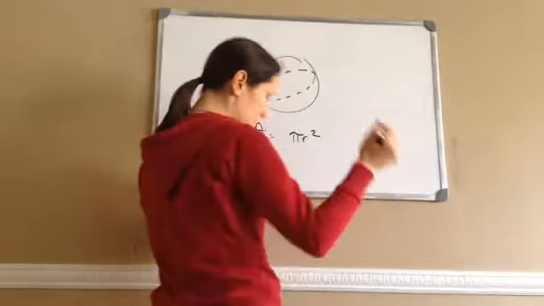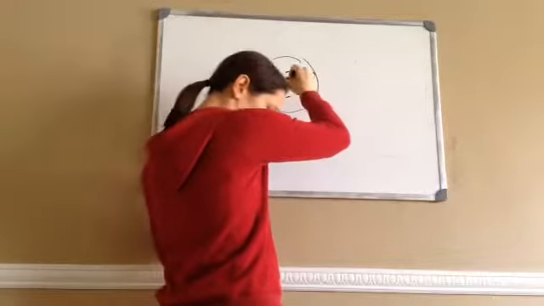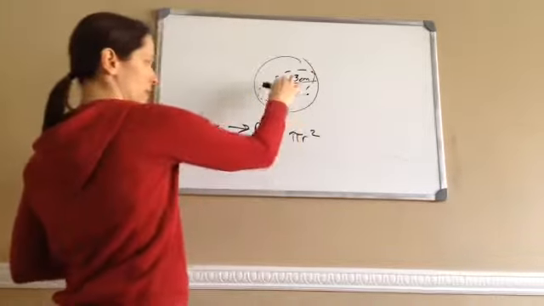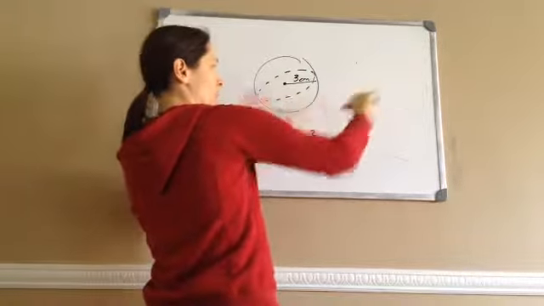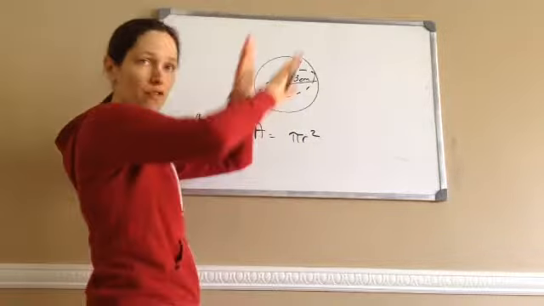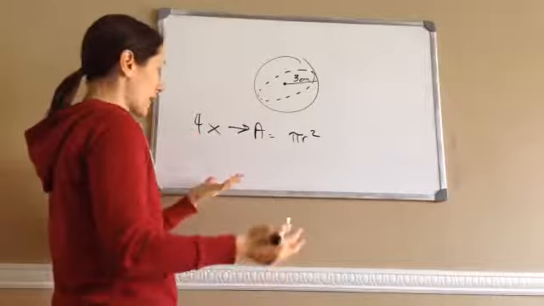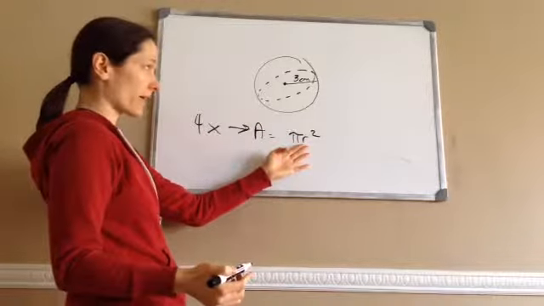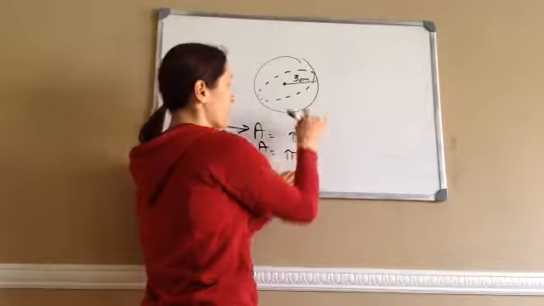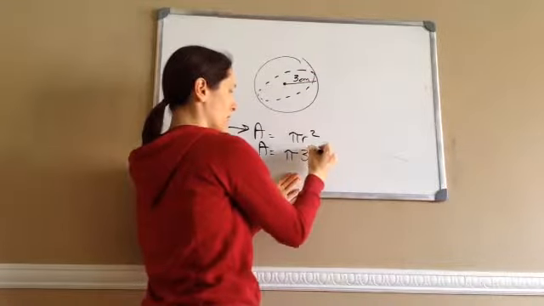They tell me that my radius is 3 centimeters. So from the center of the basketball to the edge of the basketball is 3 centimeters. Well, what is going to be the surface area? It's 4 times the area of the circle. So the area of the circle is pi, my r is 3 squared.